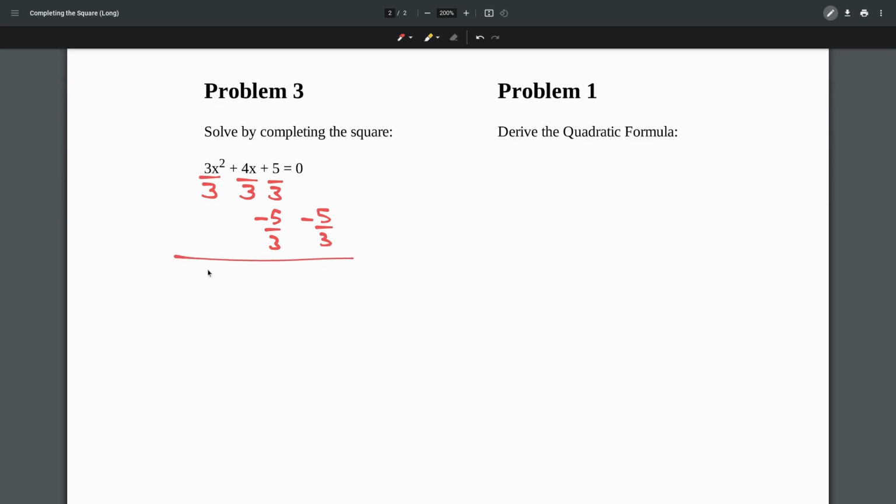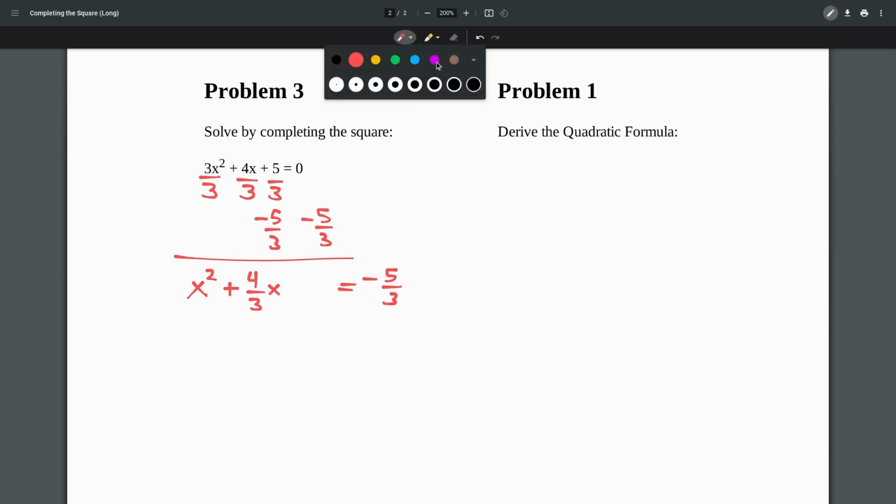And 3 divided by 3 is just 1, so I get 1x squared plus 4/3 x, and that's going to equal a negative 5/3. We're going to take half of 4/3 and square it, so that's going to be 4/6 squared.